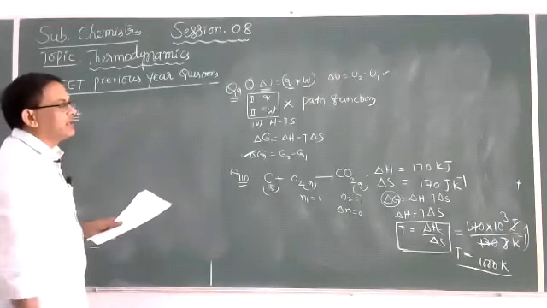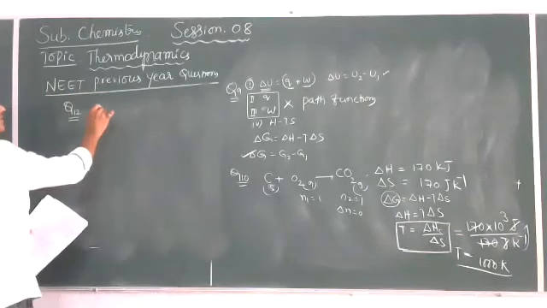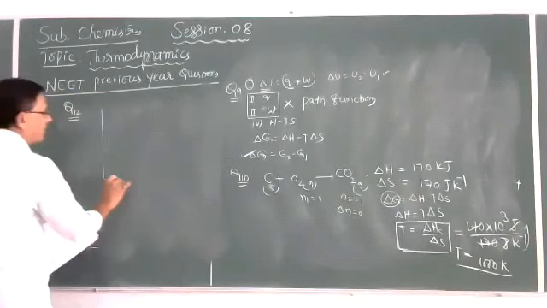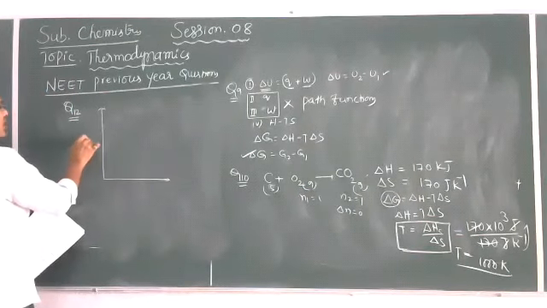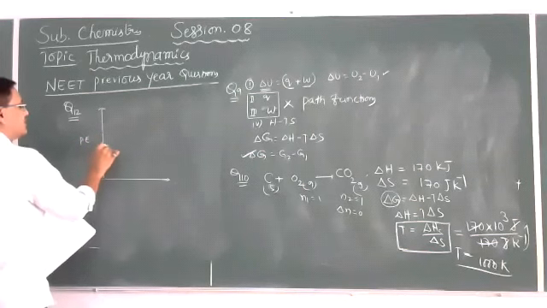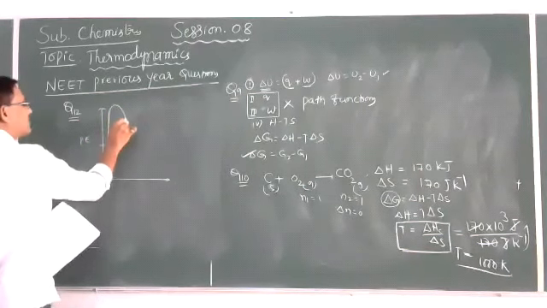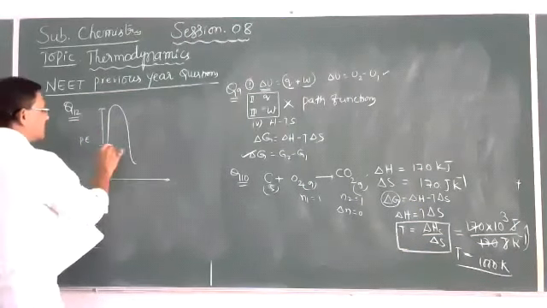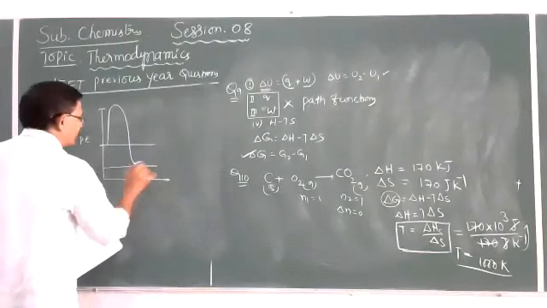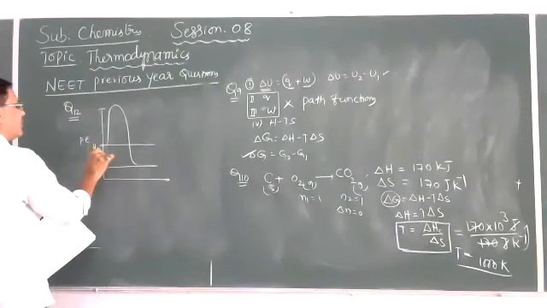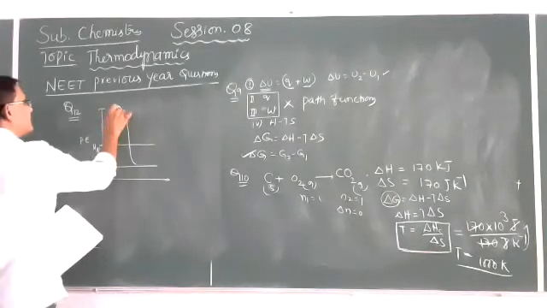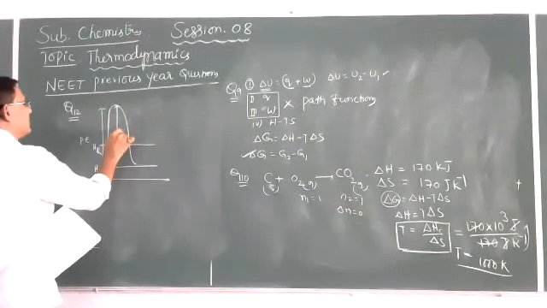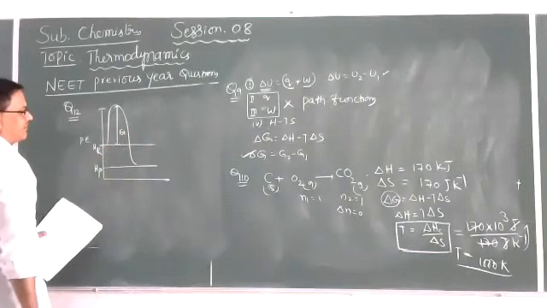Yesterday, while explaining exothermic and endothermic reactions, a graphical explanation was given to you. This is the potential energy, reactants, now it is like this. This is the enthalpy of the reactants and the enthalpy of the products. This is the activation energy EA for the forward reaction.